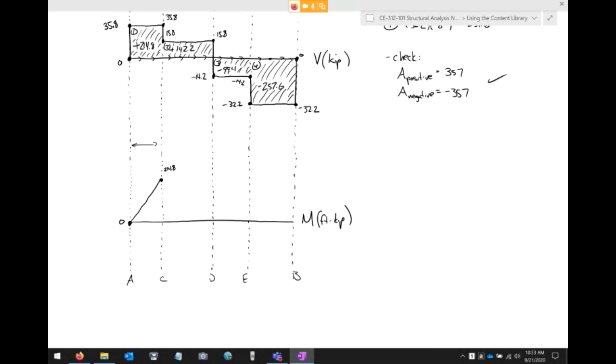Now, let's pop quiz this. What is the slope of that line? Let's see if y'all are paying attention. 35.8. That's exactly right. The slope of that line is the value of the shear diagram.